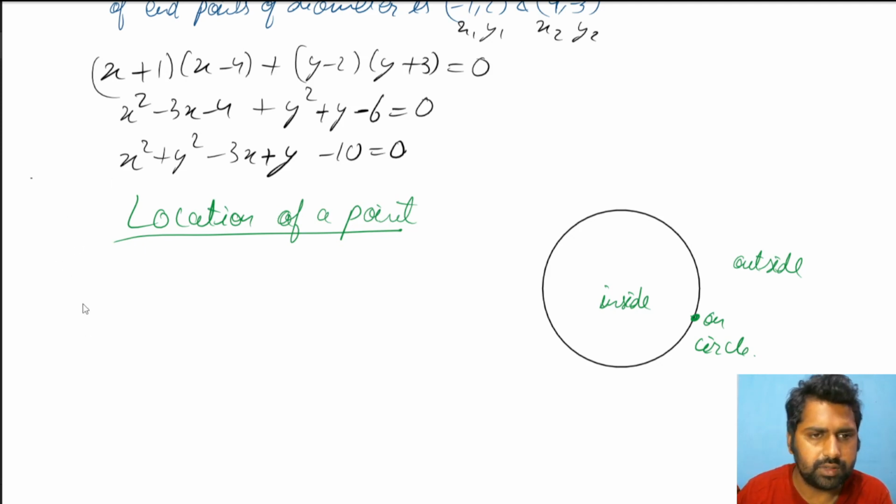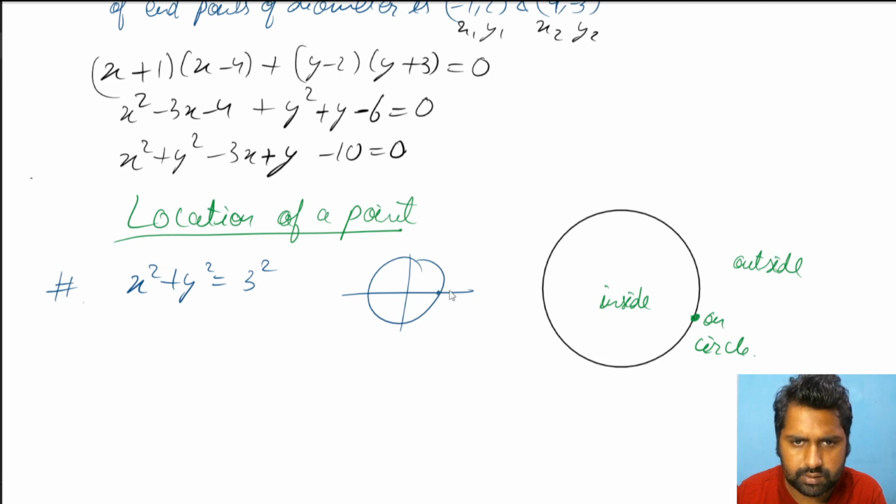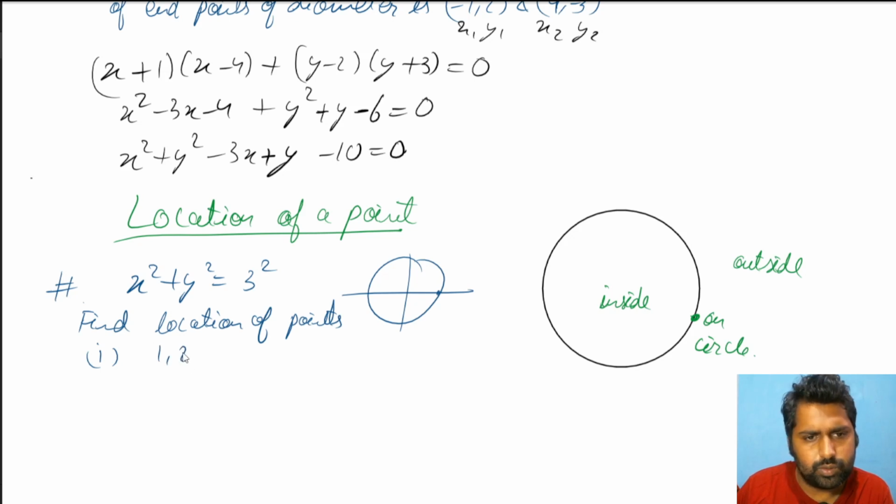Let's take one very simple equation to understand. Let's say the equation is x square plus y square is equal to 3 square. The center is at the origin and the radius is 3. Suppose the question says find the location of the points. First is (1, 2).